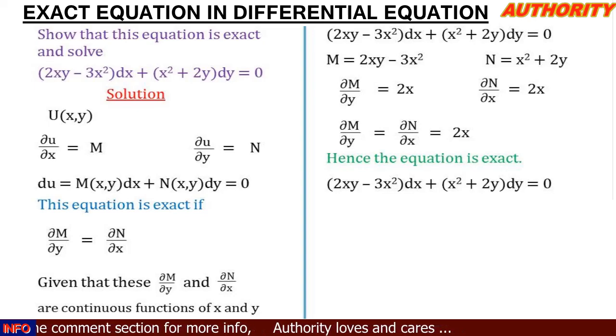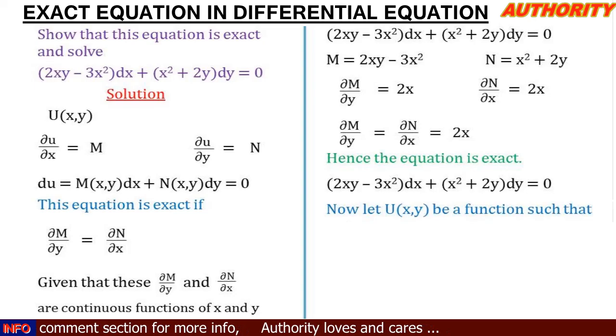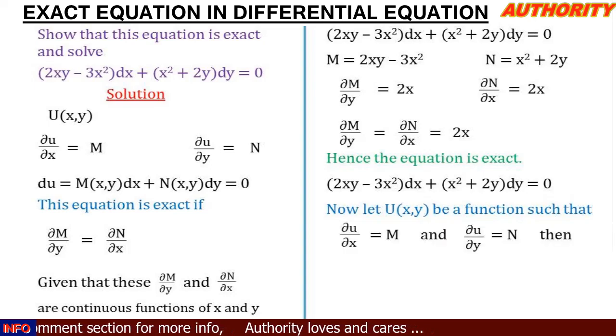Initially we say we have a function called u of x comma y. Now, let u of x comma y be a function such that the partial derivative of this function with respect to x will give you m, and the partial derivative of this function with respect to y will give you n. Now, pay attention, please.